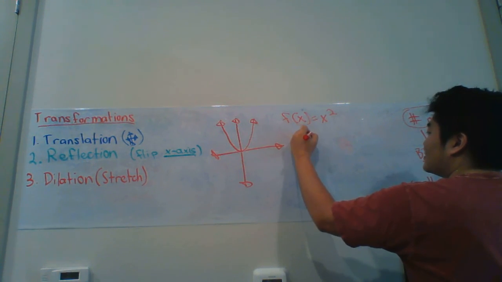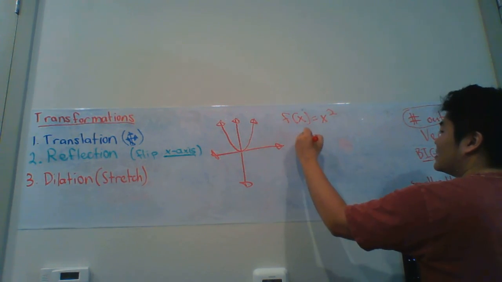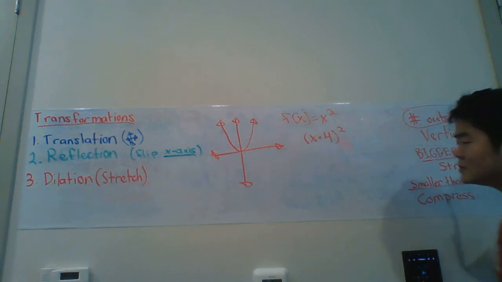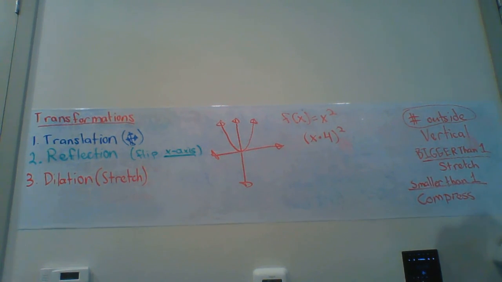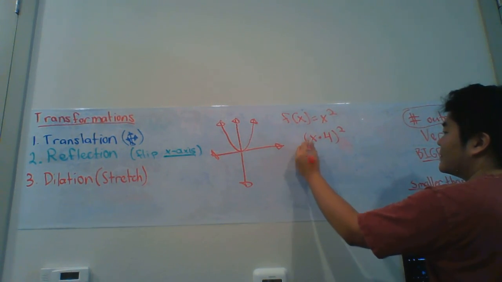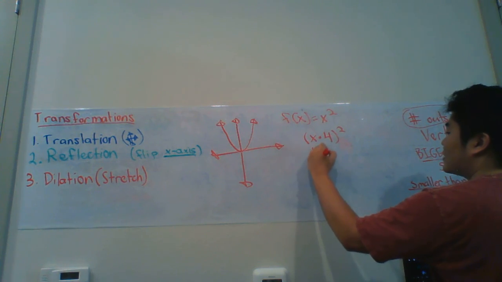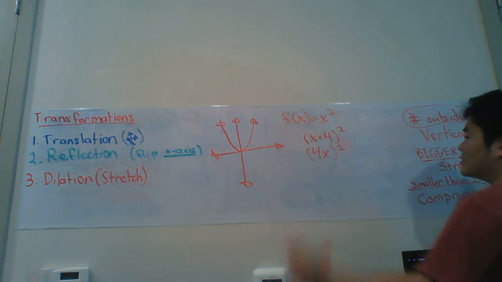So I'll have something like, remember it's a parentheses, x times 4 squared. Now, here's the thing. With x times 4 squared, you can really just rewrite it as 4x squared. It's completely fine.